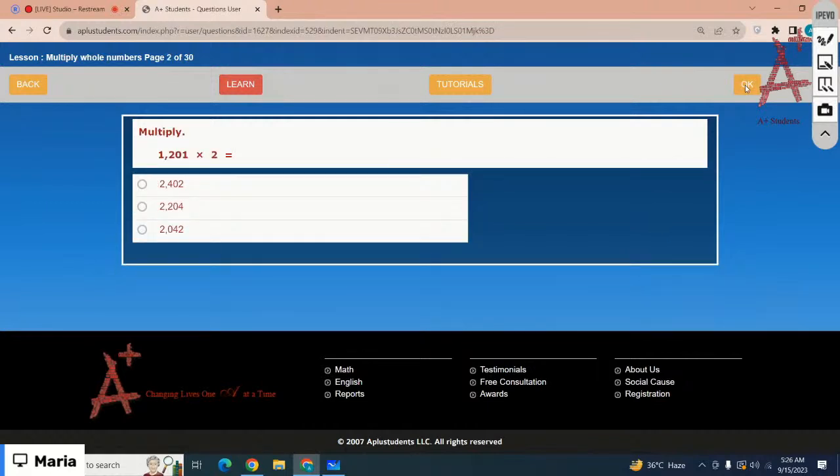The next one is 1201 times 2. So which is the correct option? The correct option is 2402. Option number 1 is the correct option.